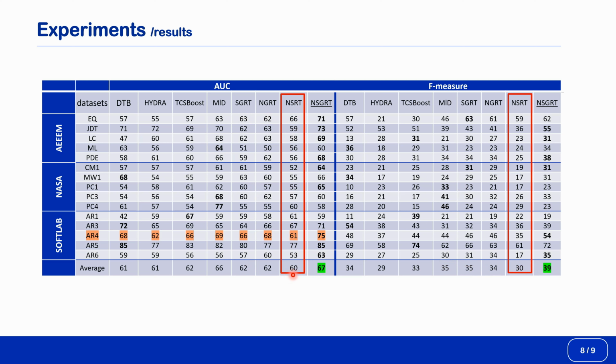It is important to note that this effect differs across datasets. For example, the removal of SMOTE was more detrimental for ML and EQ.